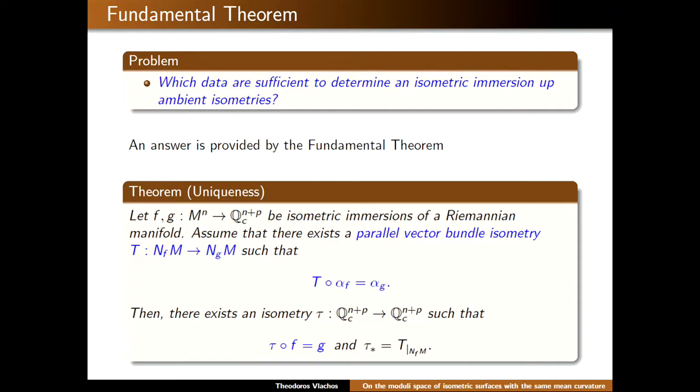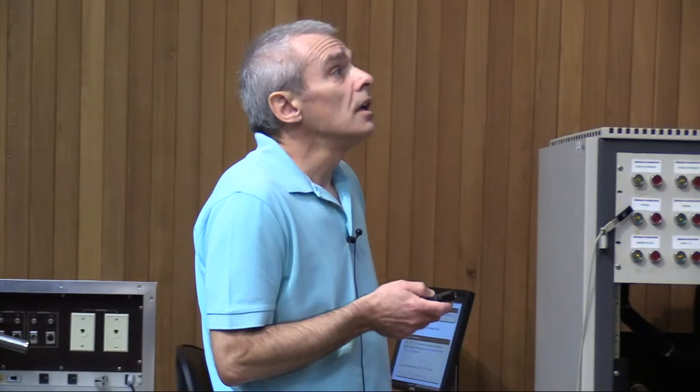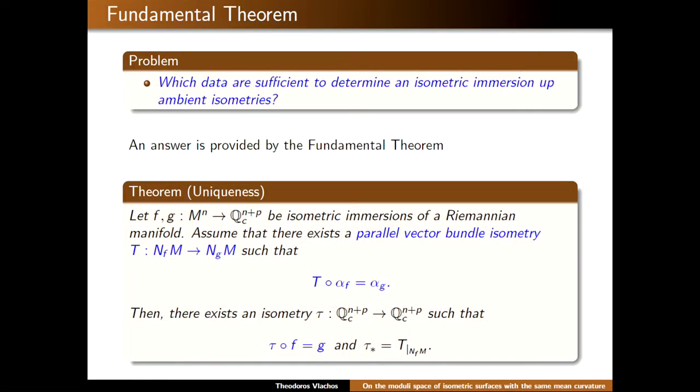It says that if you have two isometric immersions that have the same second fundamental form and the same normal connection, then they are actually congruent. Having the same second fundamental form and the same normal connection means that there exists a parallel vector bundle isometry between the normal bundles that preserves the second fundamental form.